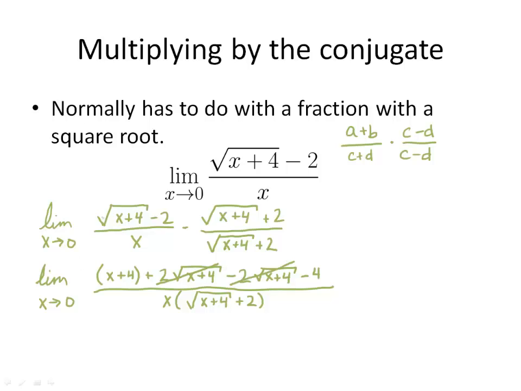Now in the numerator, we don't have anything with a square root anymore. The 4's cancel out. So we're left with x over x times square root of x plus 4 plus 2. And now the x's cancel out.